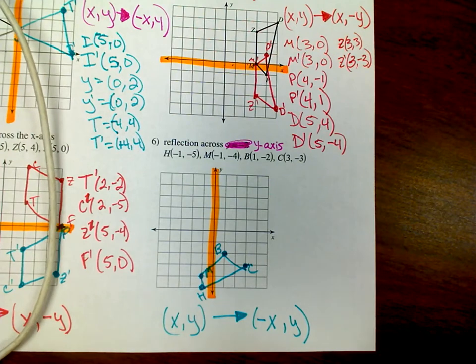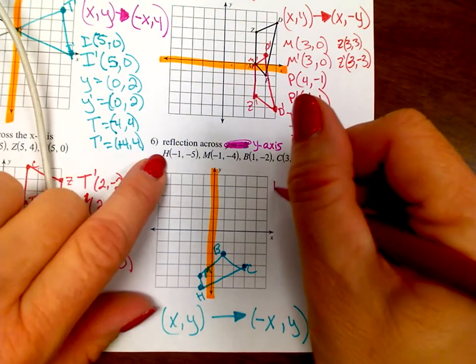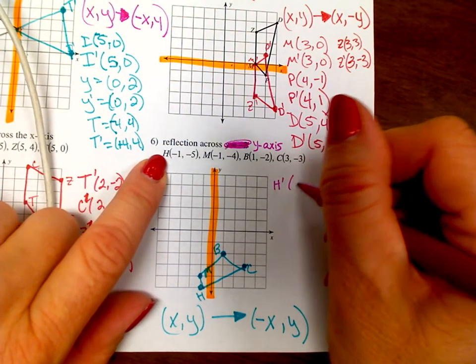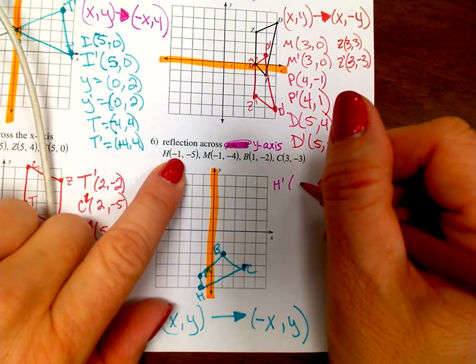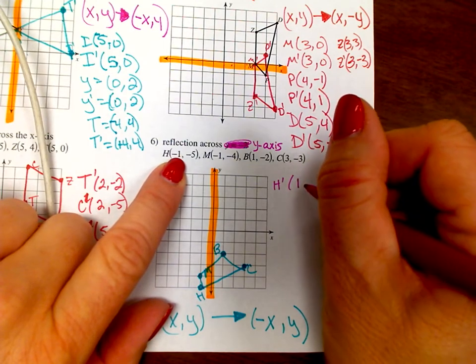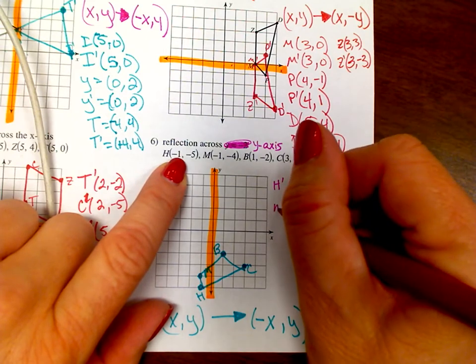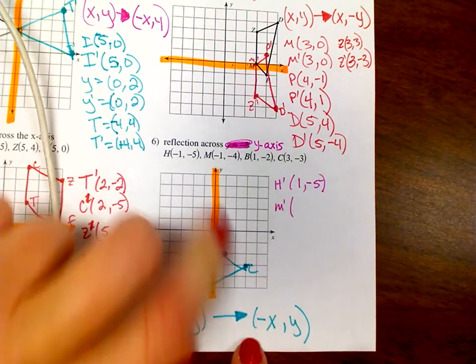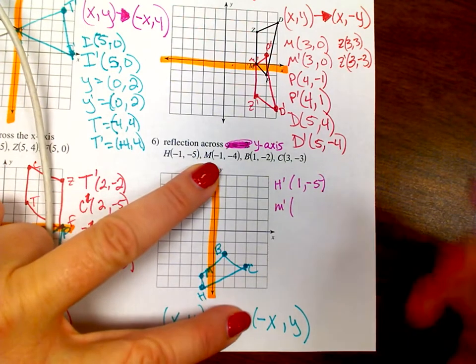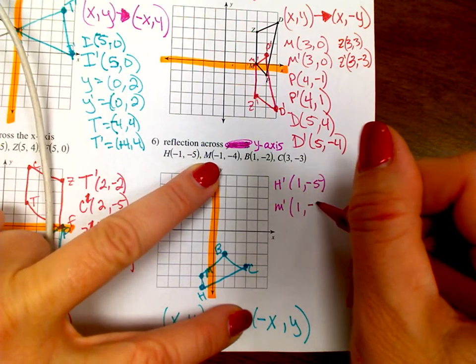So now we're going to reflect it using our rule. H prime, I'm going to take the opposite of your x, would be 1. Y stays the same. M prime, opposite of your x should be 1. Y stays the same.